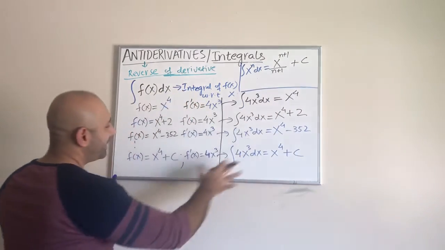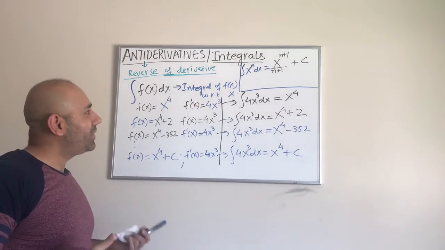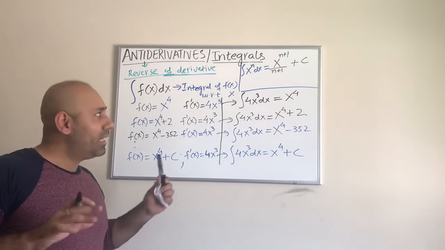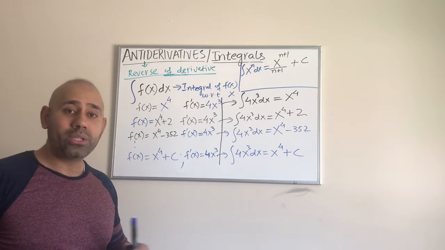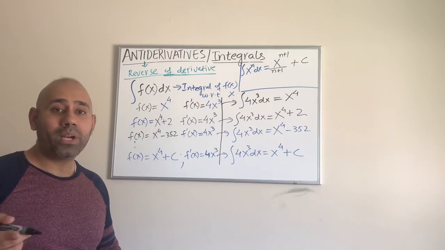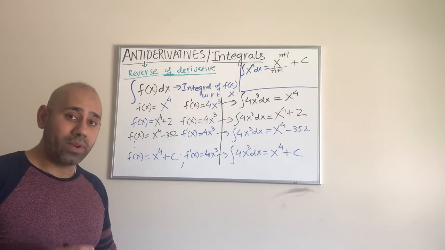And from this example or exercise, we know this c is not going to change anything, so we can keep on writing the c. It is very important for us to keep on writing a c until we go to definite integrals, where we actually evaluate or find the exact value for c.